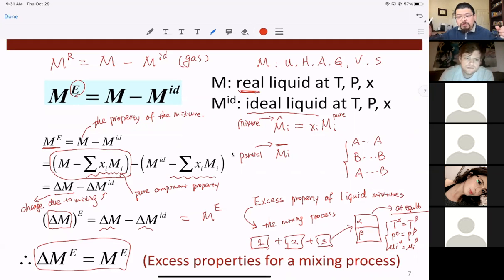Now if I add those pure components together, is there any change in terms of volume? Is there any change in terms of enthalpy, entropy, and all the other energy equations? So this is why the mixing process is also very important. We need to understand by mixing those pure components, what would be the change?